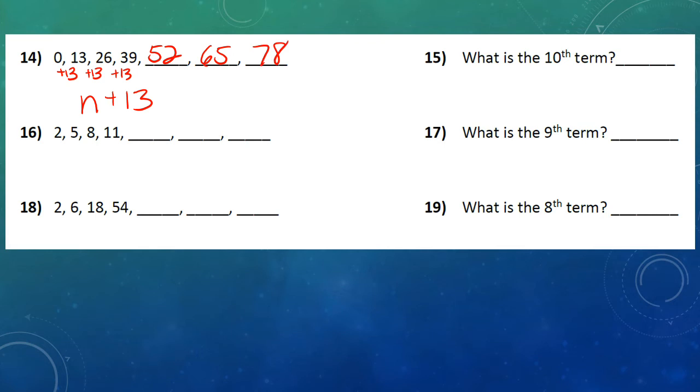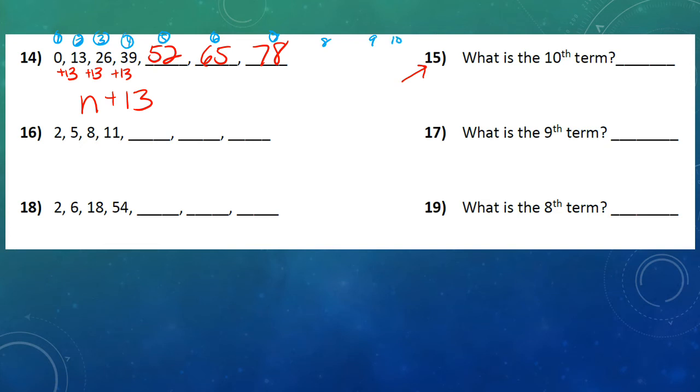So now for question number 15, it's asking what is the 10th term in the sequence from number 14. So if we were going to go ahead and number the ones we currently did, we did 1, 2, 3, 4th term, 5th term, 6th term, 7th term. We need to go 8, 9, and 10 to figure it out.